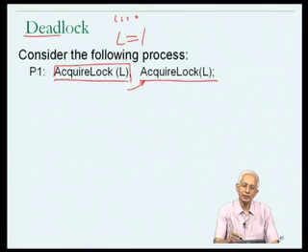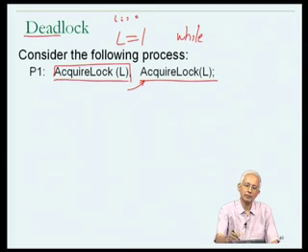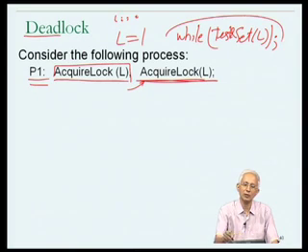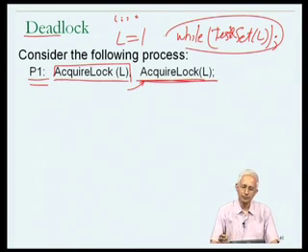And we know that since the lock L is currently held, in fact, by process P1, the second call to acquire lock is just going to keep on executing while test and set of L forever, because this is not a situation in which the value of L is going to get changed. The only possibility for the value of L to get changed is where this very same process executes release lock. And this process, every time it executes, is just going to keep on executing acquire lock, busy waiting on this loop inside the acquire lock function.